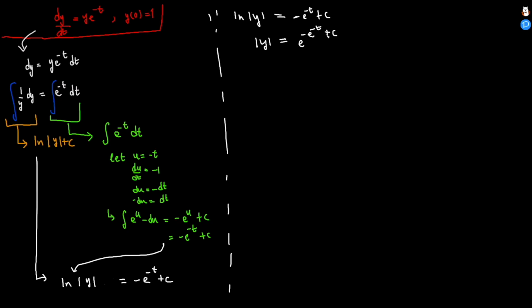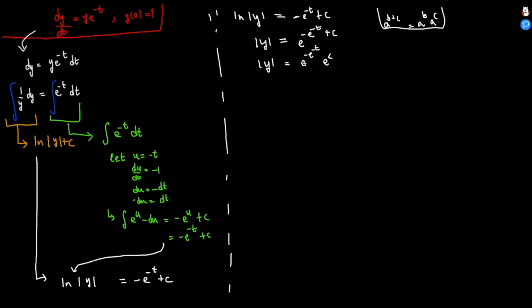And we can separate these out, so the absolute value of y is e to the minus e to the minus t times e to the c. If you have a to the b plus c, this is the same as a to the b times a to the c. That's just an aside.